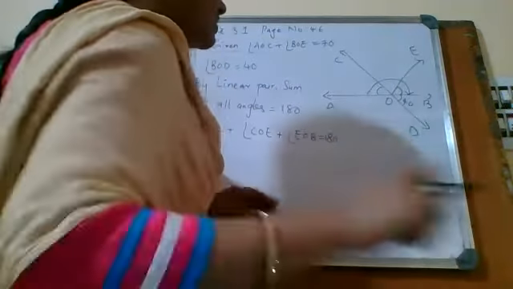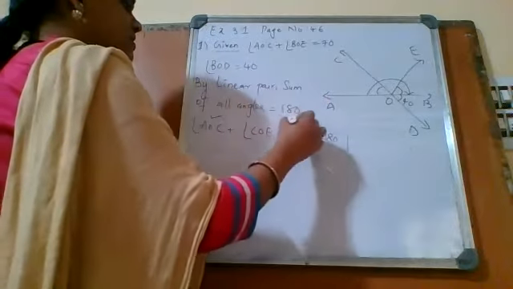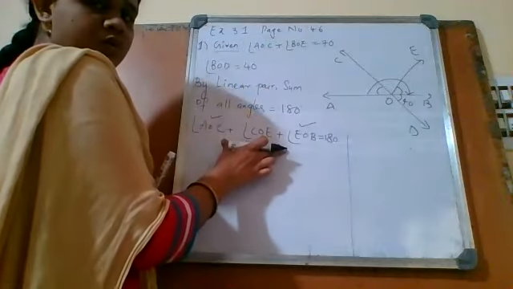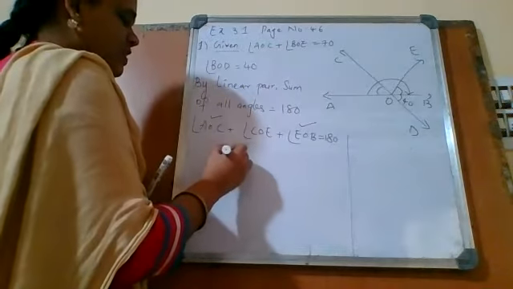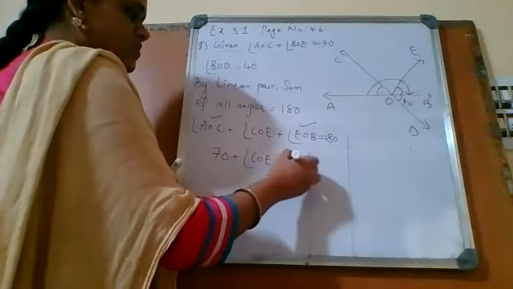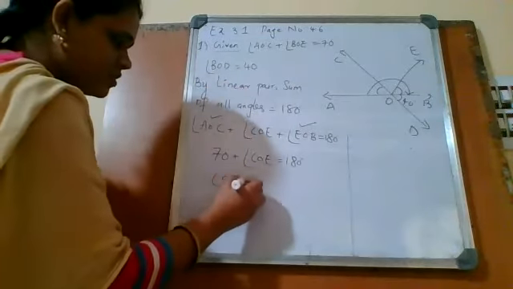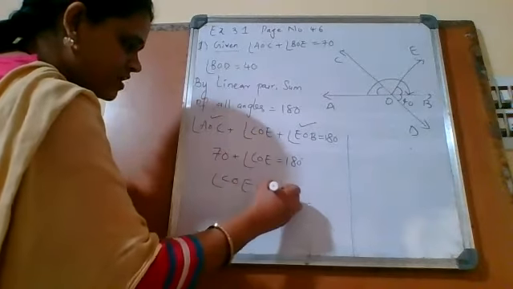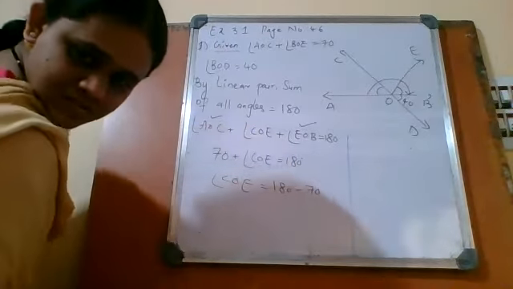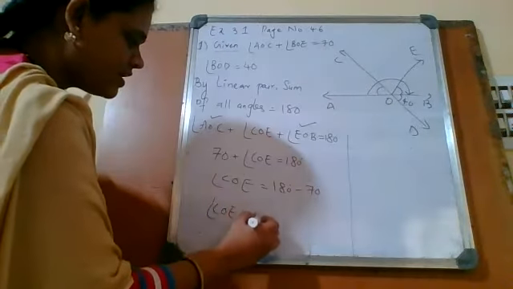But given AOC plus BOE is 70 degrees, so 70 plus COE is equal to 180 degrees. Bring 70 to the right side: angle COE is equal to 180 minus 70, which is 110. Very good. COE is equal to 110.